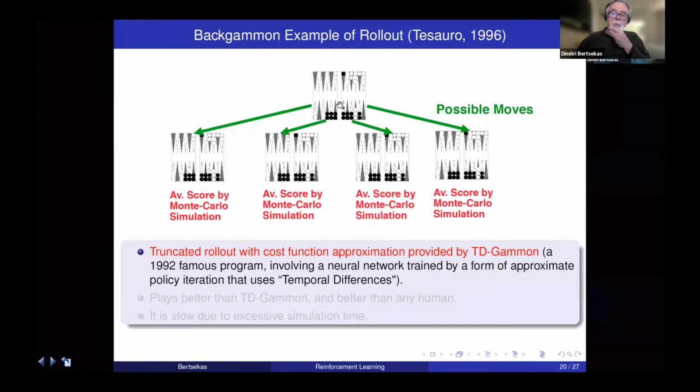It involves two players, the black player and the white player, which have these pieces here on the board, and they move in opposite directions. There are certain rules that guide the movement, and also when one player wins over another. There's no draw here. Either one player wins or the other player wins. There's no tie.